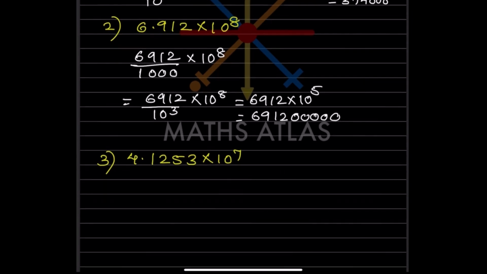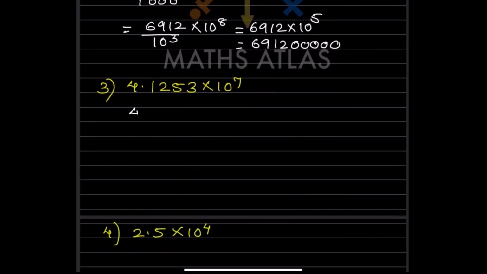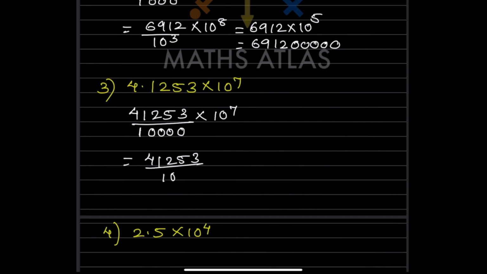Hope this is clear. Now the next one. After the decimal, how many numbers do we have? 1, 2, 3, 4. So we write the whole number first without a decimal, that is 41253, divided by 1, 2, 3, 4 zeros, into 10 raised to 7. So this can be written as 41253 divided by 10 raised to 4 into 10 raised to 7.